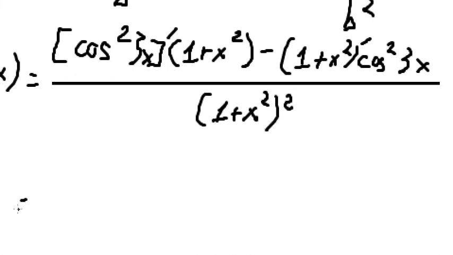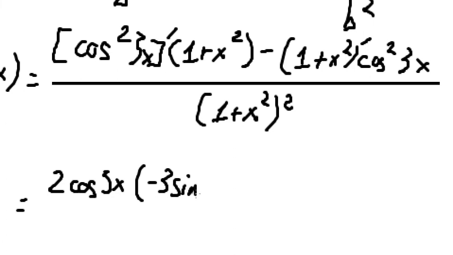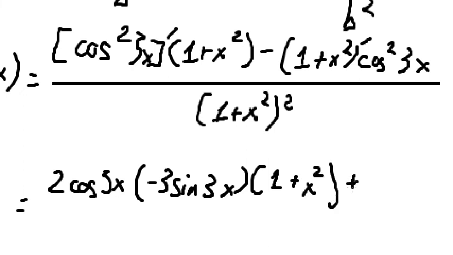Now we simplify this one. This one we have number 2 cosine 3s. Later we do first the derivative of cosine 3s. We have negative number 3 sine 3s. This one we have 2s, negative 2s cosine 3s squared.